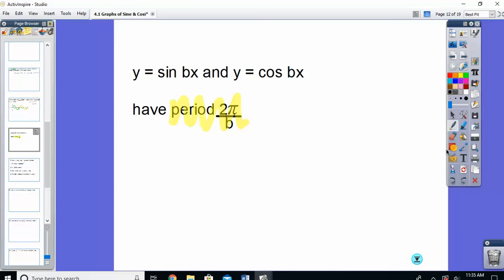Then we're going to do the period, which is 2 pi divided by the number in front of x. Then I'm going to add in a count by, which I'll show you what I mean by that in a second, and then we will use those things to quickly sketch our graph. And then we don't actually have to take the time to make a t-chart and plug them in. Does everybody have that down?